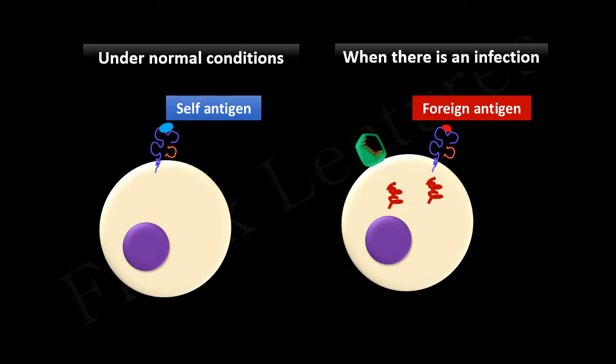Therefore, in this case, viral antigens are displayed on the infected cell surface as MHC1 antigen complex. The effector cytotoxic T cells recognize and bind these MHC1 antigen complex on the infected cells. The cells which are killed by cytotoxic T cells are known as target cells.